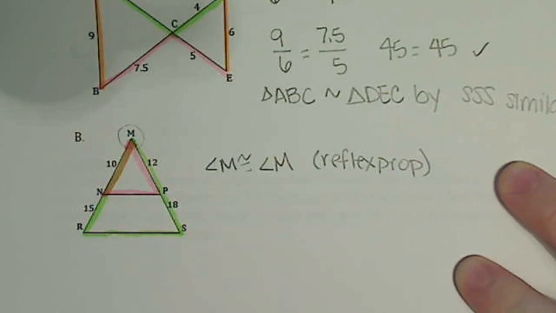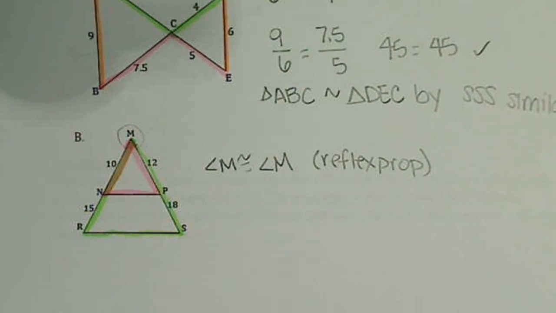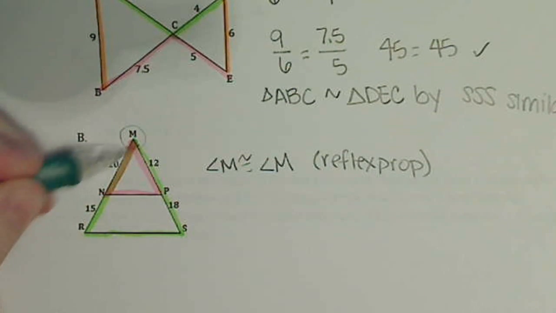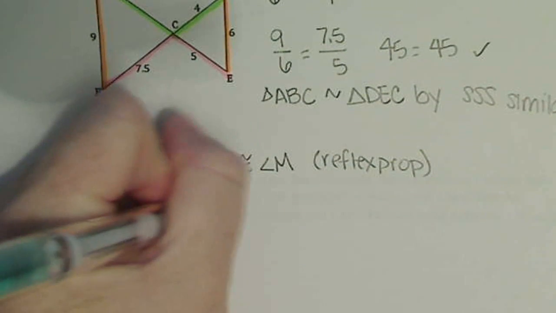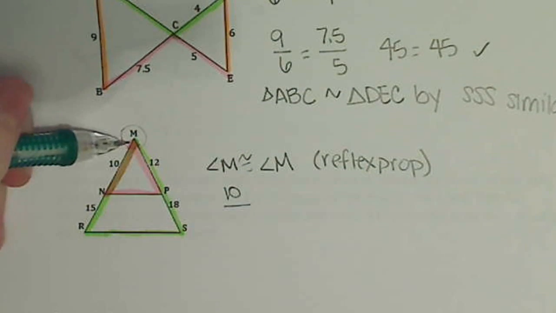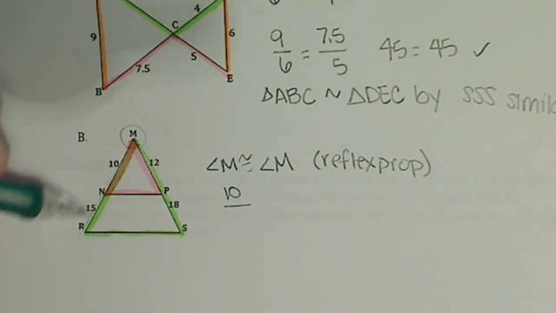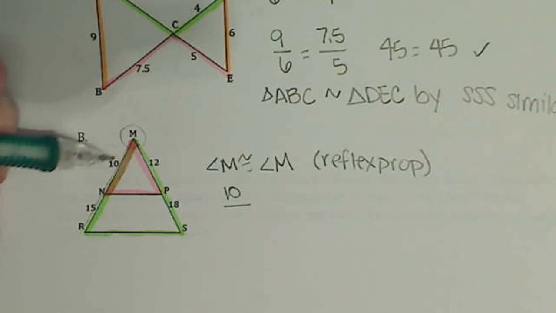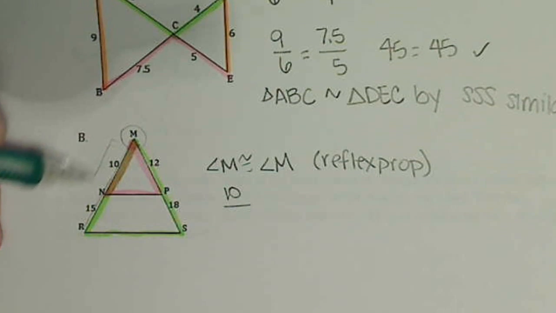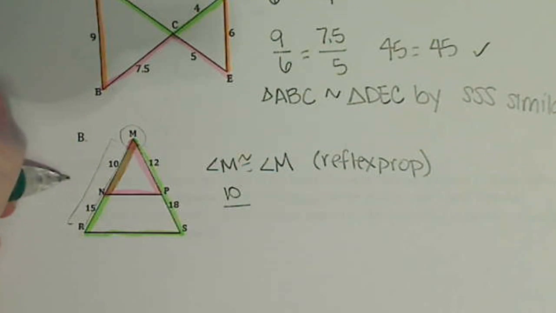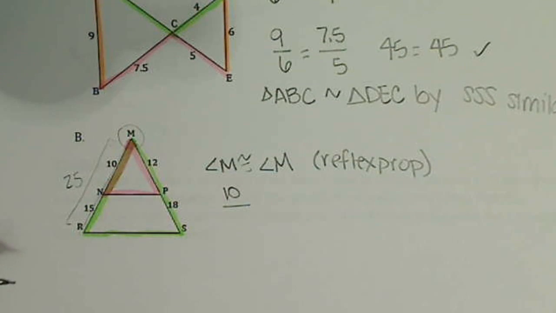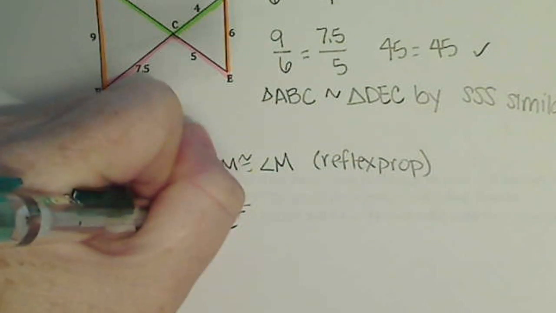So I need now two sides to make a ratio. So let's look at this. I've got this side here on this pink triangle, 10, and it corresponds to this long side, this whole side. So I have to think about how long is that side. That side is 25. So 10 over 25.